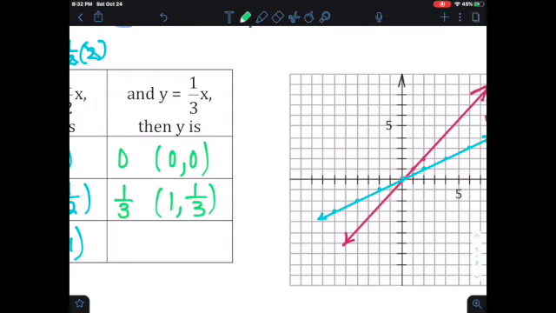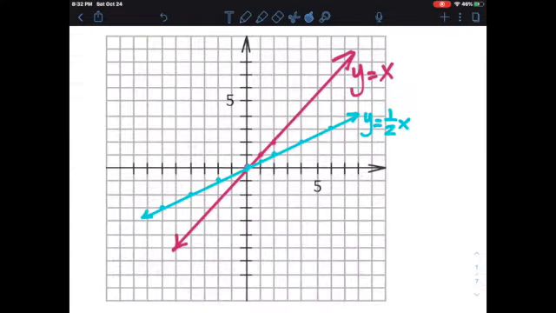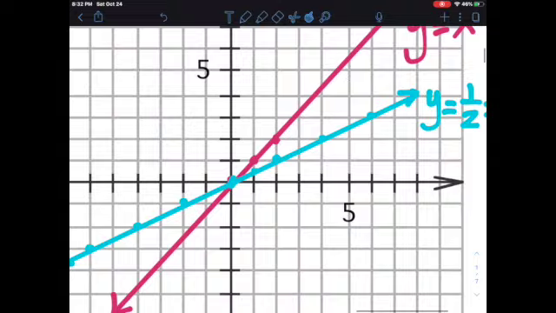And if you plug in 2, it's going to be 2/3. Uh-oh, Miss Wiesma, how do you graph that? Don't worry. We are just going to cut the box into 3 pieces and then take 2. So 2/3.